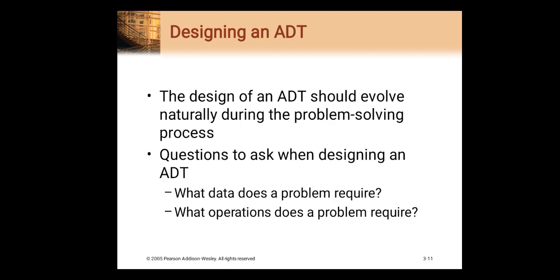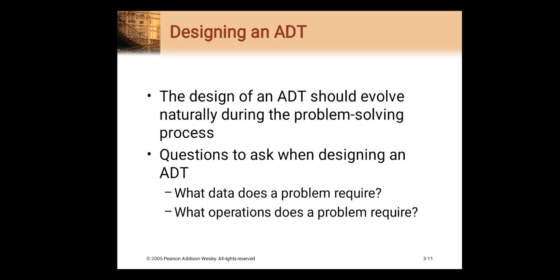The questions that need to be asked while writing the ADT are these. If someone gives you a problem statement and asks you to write the ADT for it, the very first thing you have to consider, after understanding the problem statement, is which type of data the problem requires.